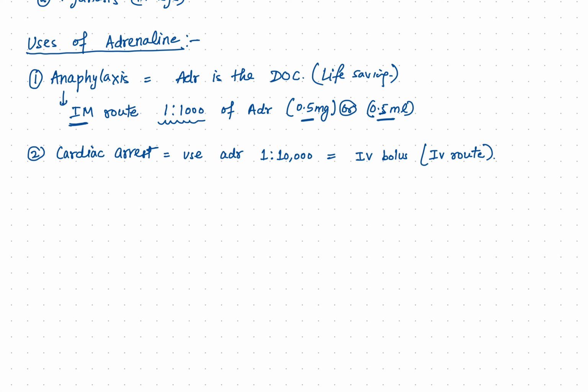When we use IV route, we cannot give this concentration 1 is to 1000. We always use 1 is to 10,000 concentration, right? So it is given IV in case of cardiac arrest. Very important. Then third is the severe asthma. We can use the same dose of ADR as anaphylaxis.